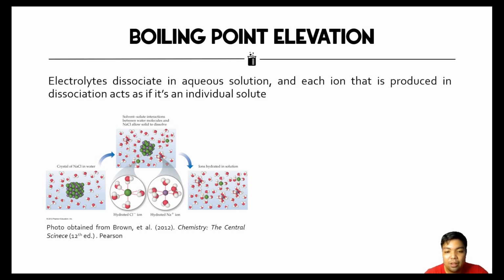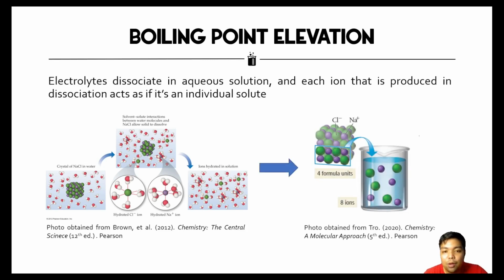So to make it short, these individual ions in an electrolyte solution will act as if they are an individual solute. So let's say you have 4 formula units of solid sodium chloride, and when you dissolve these four formula units, they separate into your sodium cations and your chloride anions. So they will act independently of each other, and thus it will appear in your solution that you will have 8 components or 8 units of your solute in the solution.